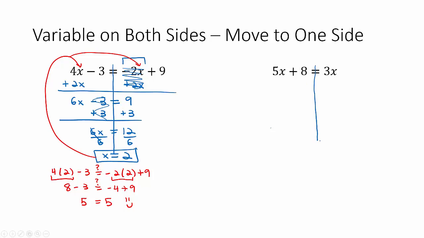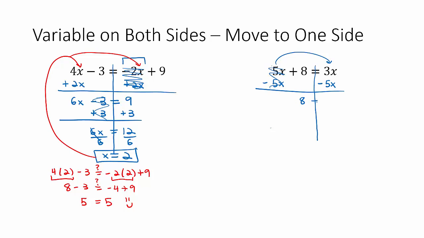My suggestion is to always try and keep something on each side as we get used to solving these. So instead of moving the 3x to the left, let's move the 5x over to the right. So the opposite of a 5x, because that's positive, is negative 5x on both sides of the equal sign.